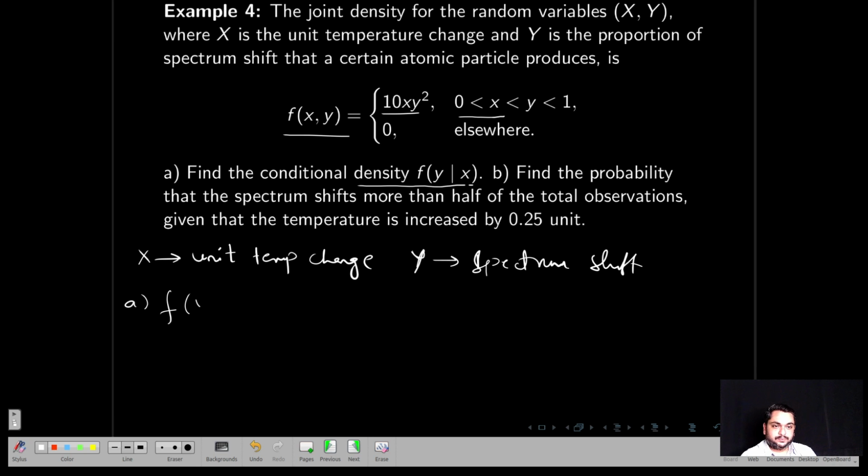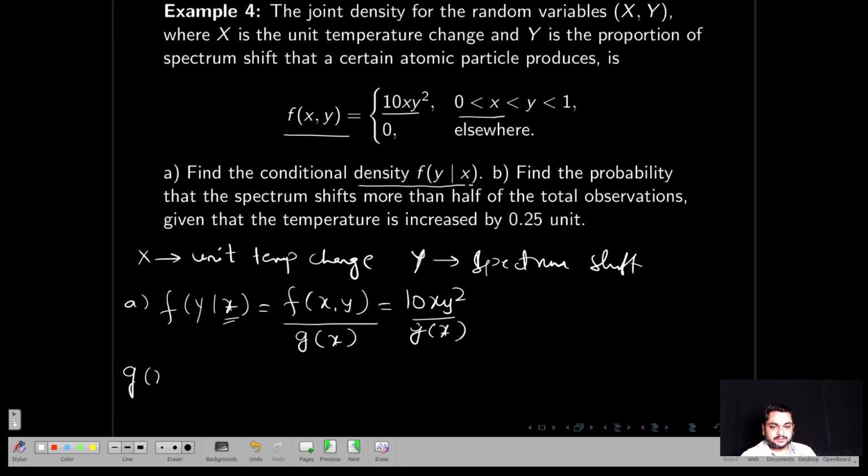F of y given x is equal to f of x comma y divided by g of x, since x is fixed. F of xy is already given: 10xy square divided by g of x. You have to find g of x.